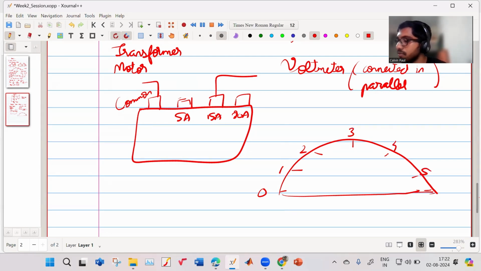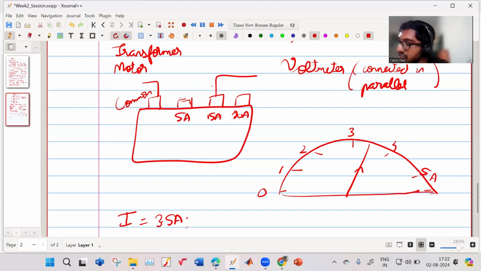It will have one scale. And these are all in ampere. Suppose I'm using the 5 ampere scale, and my pointer is showing over here. If my pointer is showing over here, I know that my current is 3.5 ampere.